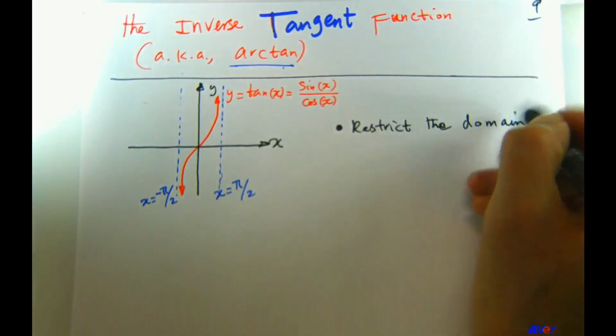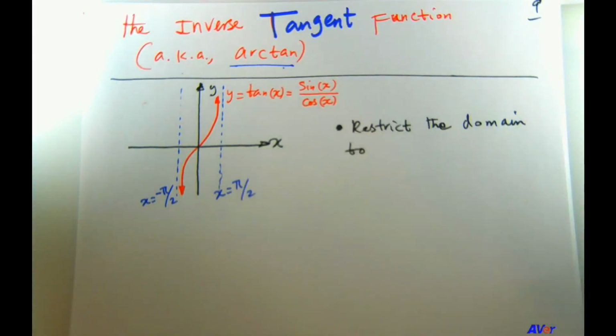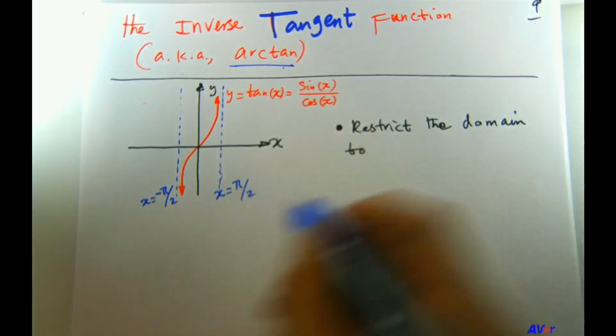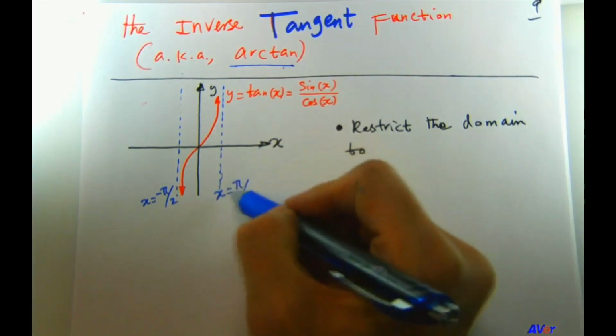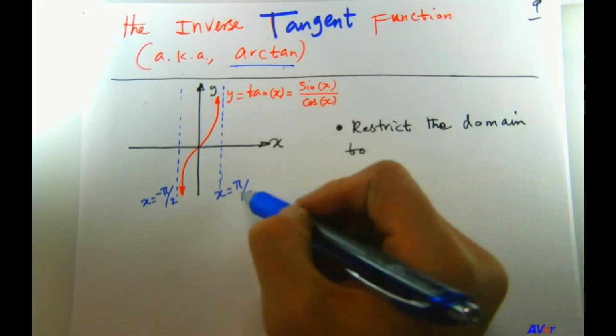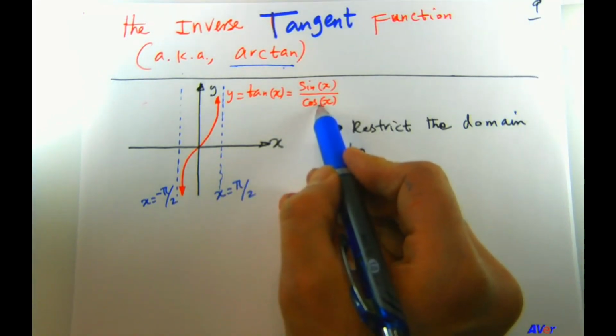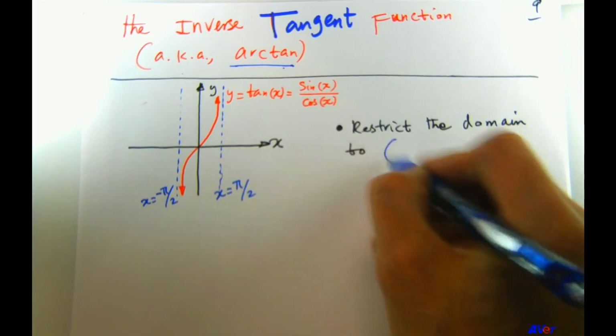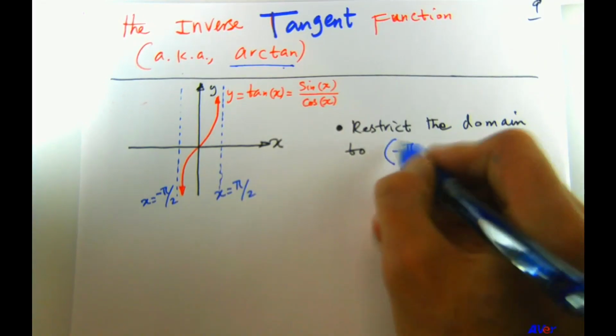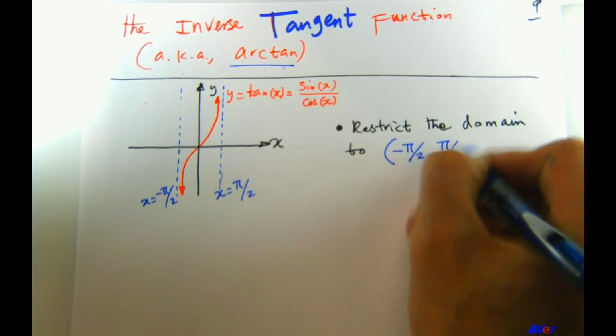We can't include negative pi over 2 or pi over 2, because it would make the denominator cosine of x equal 0, which we can't have. So it's going to be parentheses negative pi over 2 comma pi over 2.